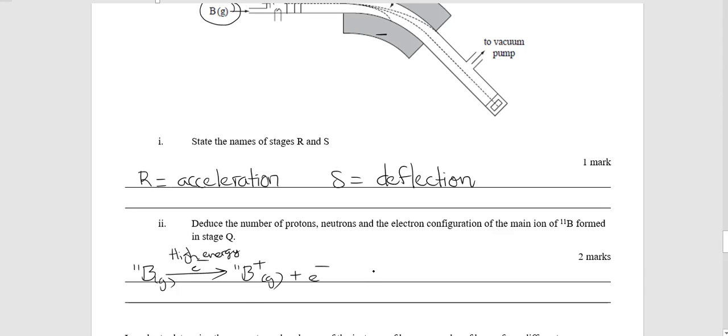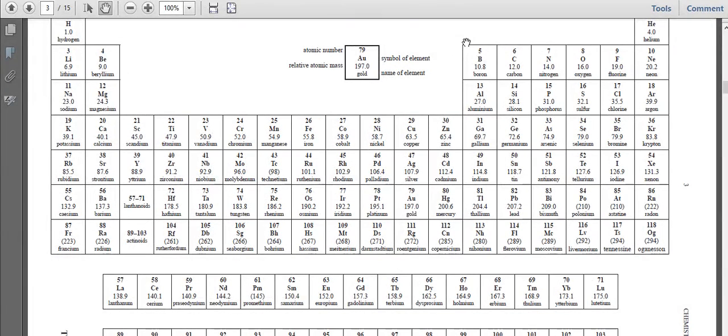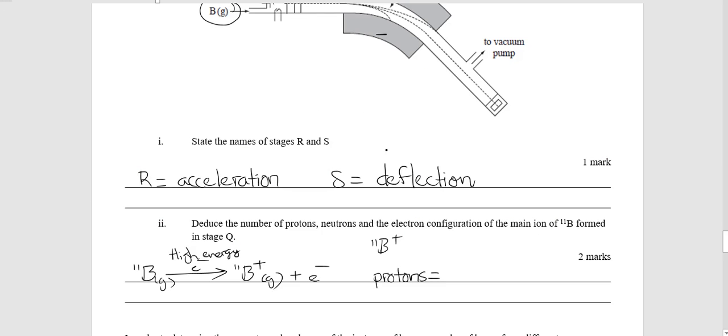Basically you need to work out the number of protons, neutrons, and electron configuration of this ion. Now for 11B plus, for the number of protons, you have to check the periodic table. If you don't remember, the number of protons of boron, which is also its atomic number, is 5, so the number of protons will still be 5 because you didn't lose any proton, you lost an electron. The number of neutrons, because this is boron 11, will be 6.